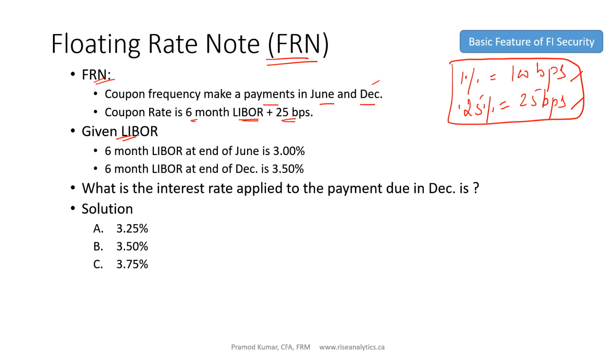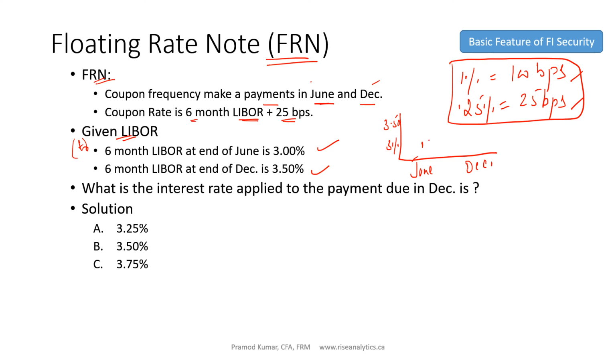Also given, at time 0, the 6 month LIBOR at the end of June will be 3%, and at the end of December it will be higher. So if this is the LIBOR, for example this is 3% and this is 3.5%, in June and in December, this is the LIBOR interest rate.